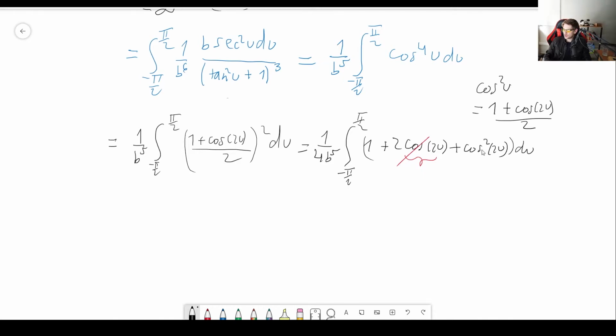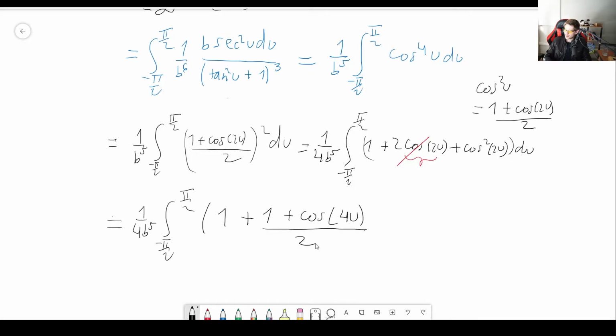And what is this cosine squared of 2u? Well, there we will use the exact same thing, again this formula right here. So we have 1/4b to the 5th, the integral from minus pi over 2 to pi over 2, and then 1 plus, and now instead of cosine squared, we write (1 plus cosine of 2 times 2u), so we get 4u, over 2.